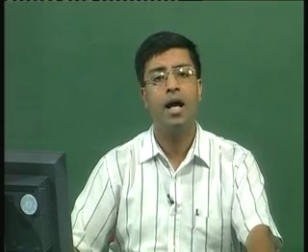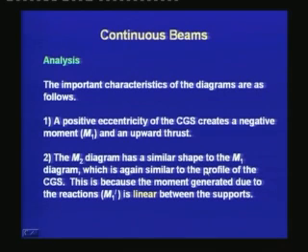the cable profile. The second characteristic of the M2 diagram is that the M2 diagram has a similar shape to the M1 diagram, which is again similar to the profile of the CGS.